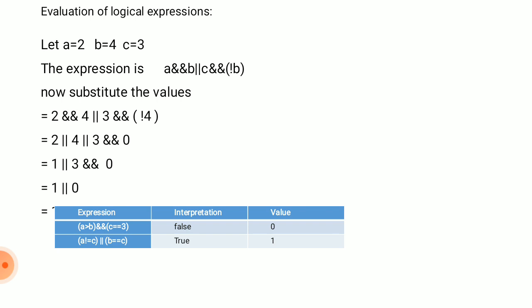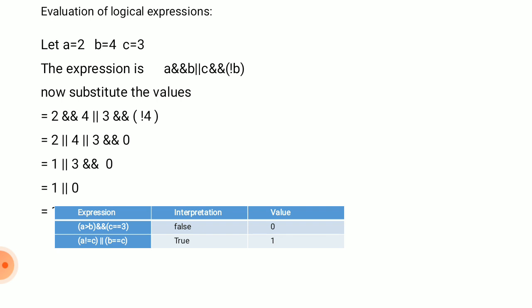As we know, first perform logical NOT of 4. Here just consider 2, 4, 3, 4: these are nothing but 1 or 0. Here there is no 0. Just consider 2 means 1, 4 means 1, 3 means 1, and again 4 means 1.